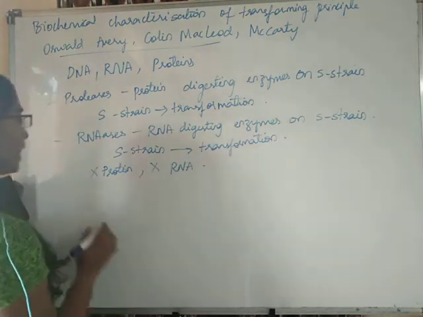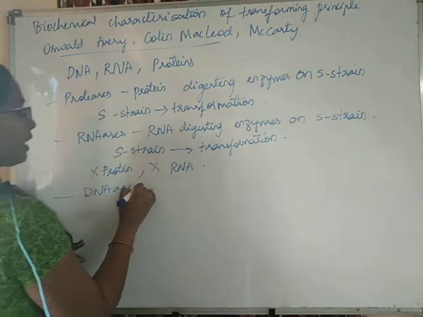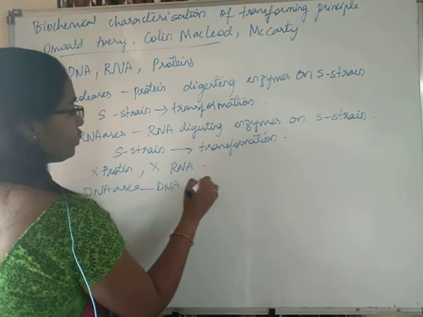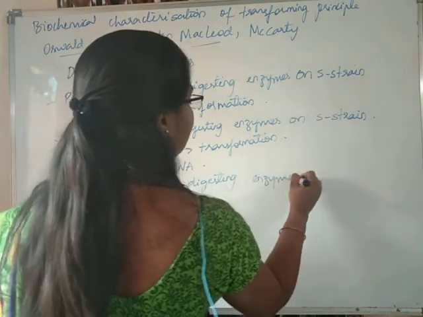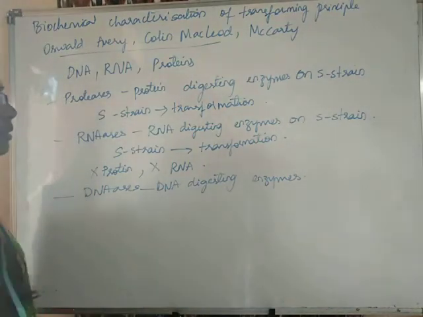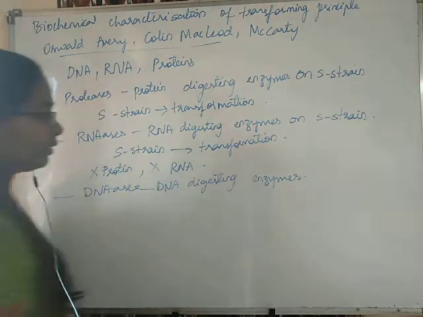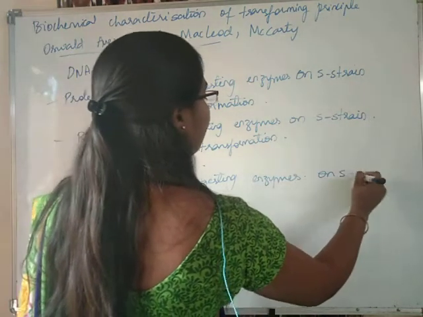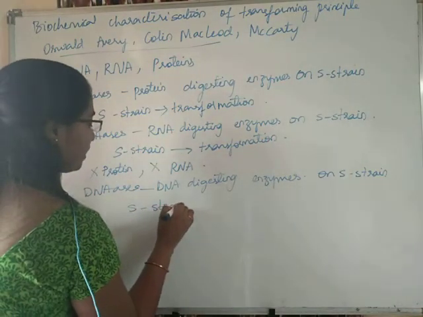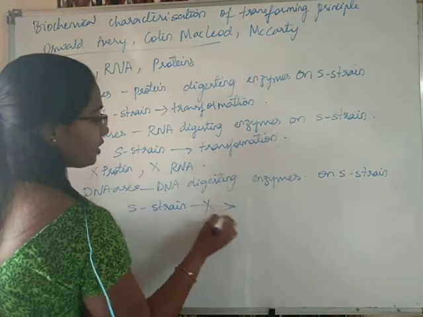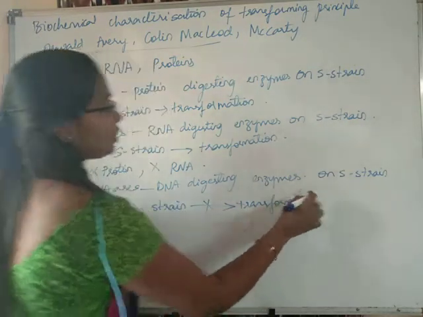Then they started to use DNases. DNases are DNA digesting enzymes. So students, when DNases were used on the S strain, it could not cause transformation.